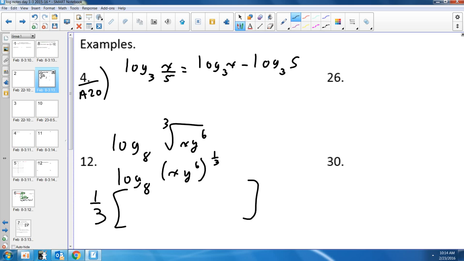Then I'm going to expand what's on the inside: log base 8 of x plus log base 8 of y to the 6th, but that 6 goes in front, so I can rewrite it as that. If that confuses you, just do another step and then move the 6 out in front in the next step.